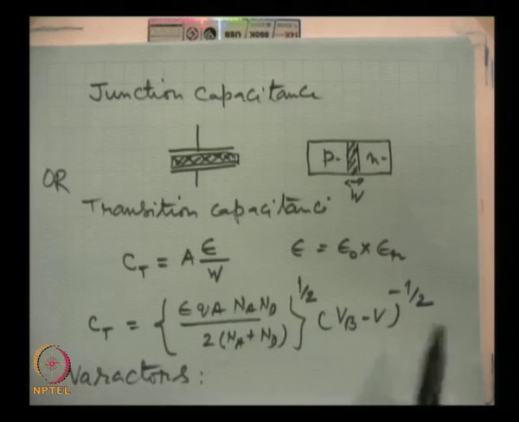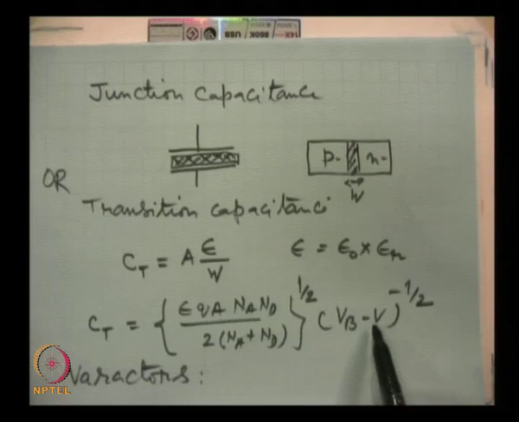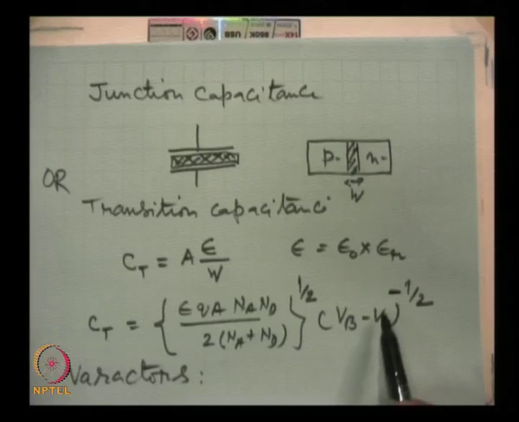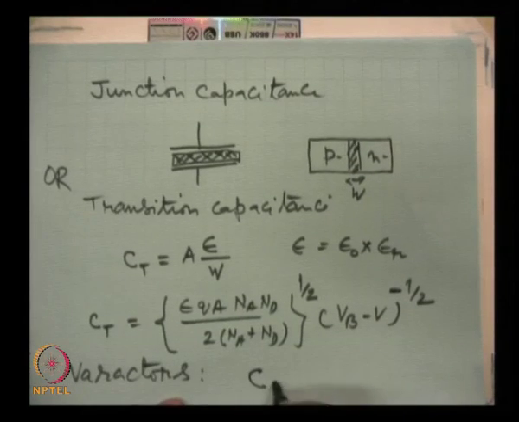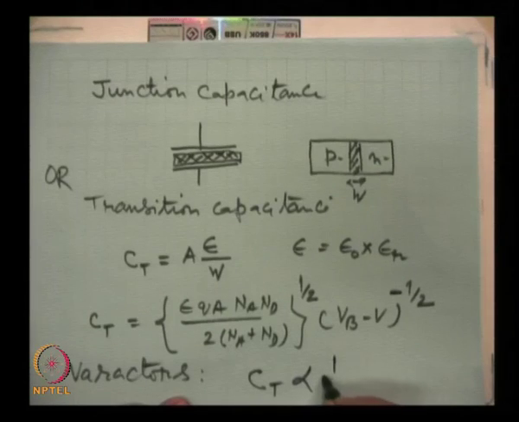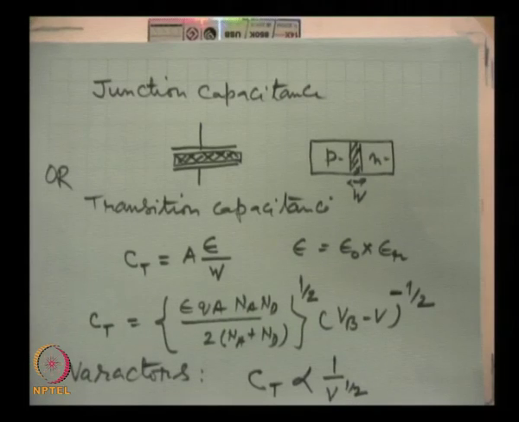In reverse bias, when we take it with proper sign, and because this is to the power minus 1 by 2, the capacitance you will find is almost proportional to 1 by V to the power half. It falls. So, these specially designed diodes are known as varactors.